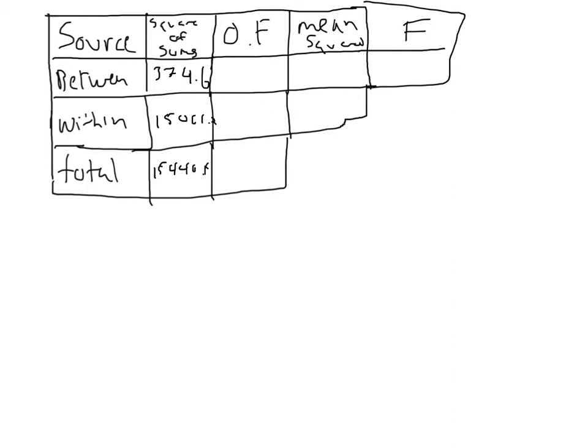And the DF column now is 2 with between, and then 27 for within, and then obviously you add those together again and it's 29. The mean squared for between is 187.3, and then 558.007, and then F is 0.33.